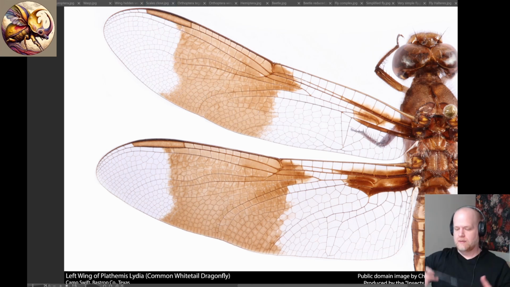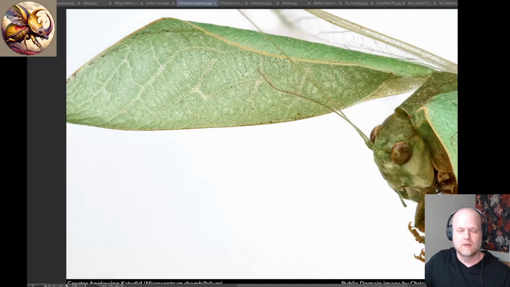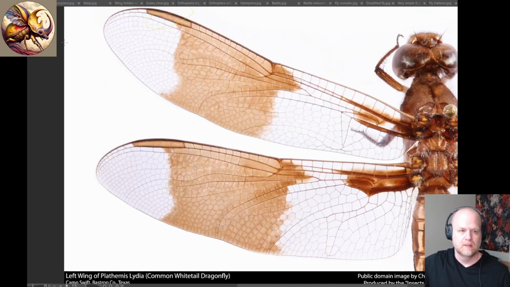Let me put this on yellow so everyone can see what I'm talking about. This area up here is the pterostigma. Like I said, sometimes they have a defined point of cellular or wing cell coloration.